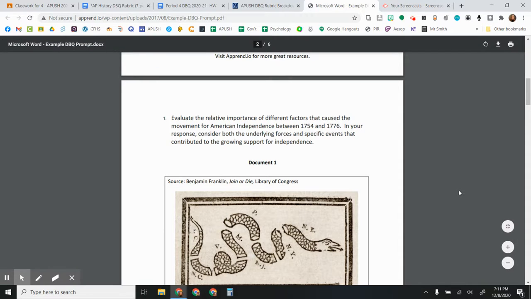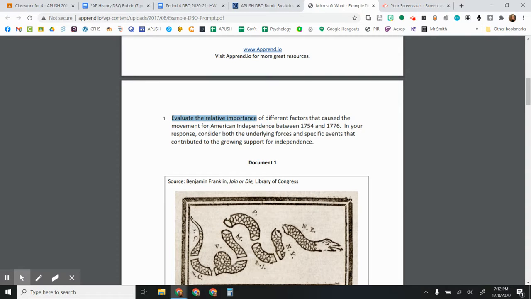All right, so let's deconstruct that prompt quickly before we get started. So relative importance, evaluating the relative importance, that would indicate that you need to sort of quantify or qualify what's more important, which had more impact.